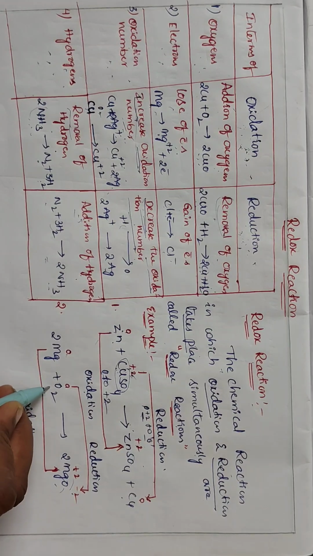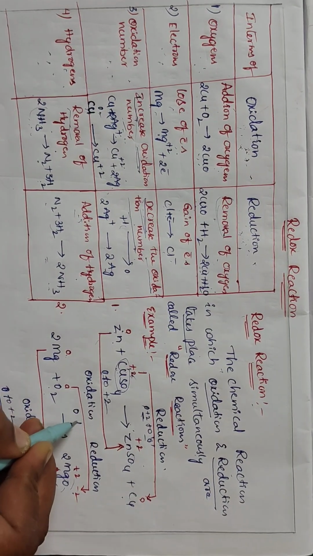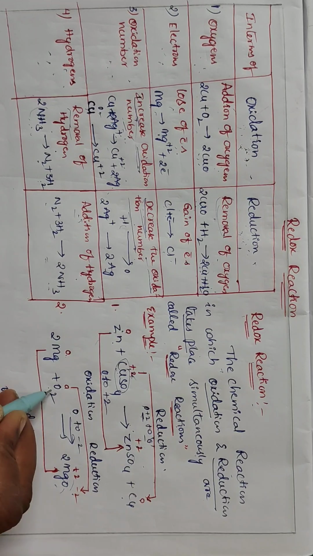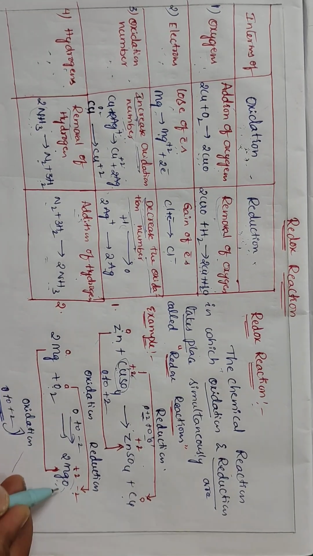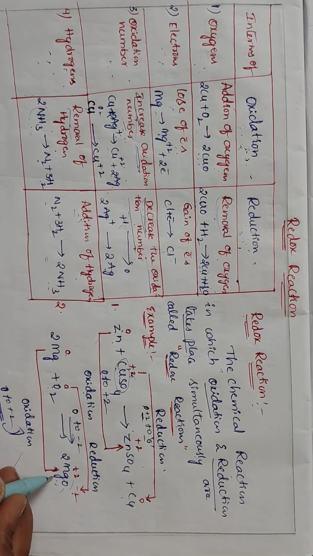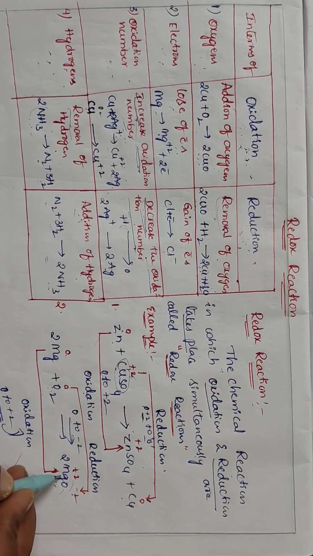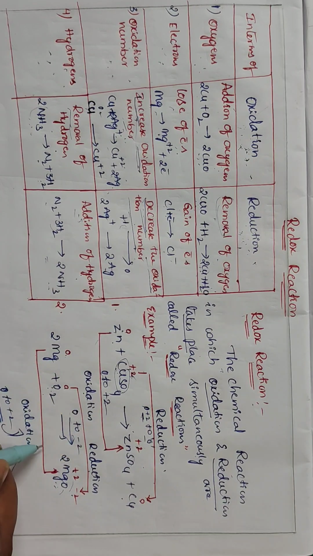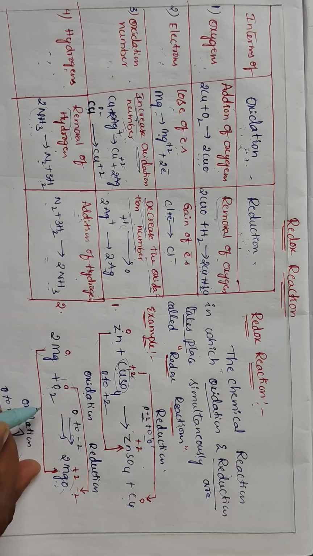Whereas in the case of oxygen, 0 to -2 means the oxidation number decreases. From oxygen to magnesium oxide, the oxygen oxidation number decreases. That's why this is an example of reduction. So in this overall reaction, the oxidation reaction and the reduction reaction take place simultaneously. That's why this is an example of a redox reaction.